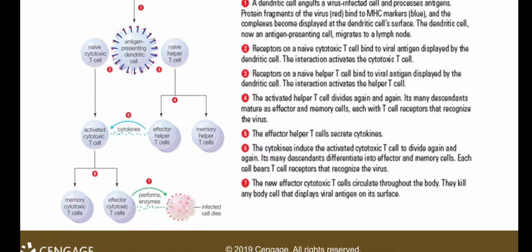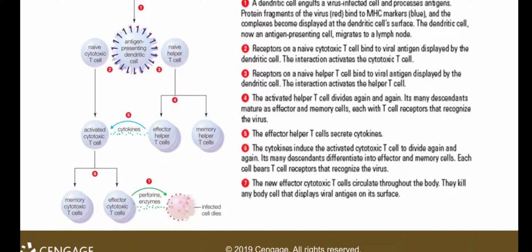Okay, so moving on to what happens to the activated helper T cell. It becomes the effector helper T cell and memory helper T cell. That means that single cell that becomes exposed divides, and some differentiate into an effector helper T cell. The effector helper T cells will release cytokines and help modulate the activity of the activated cytotoxic T cells. And then the other one is the memory helper T cells.